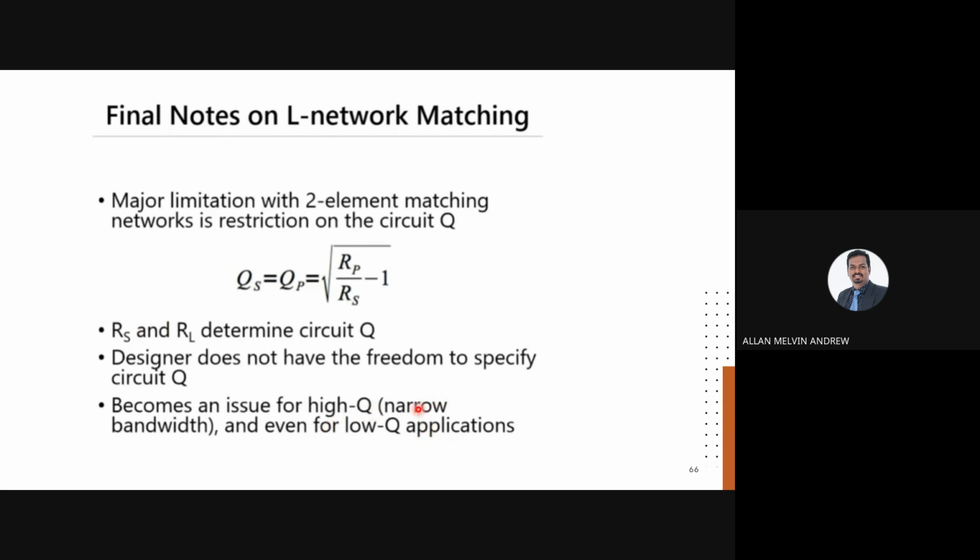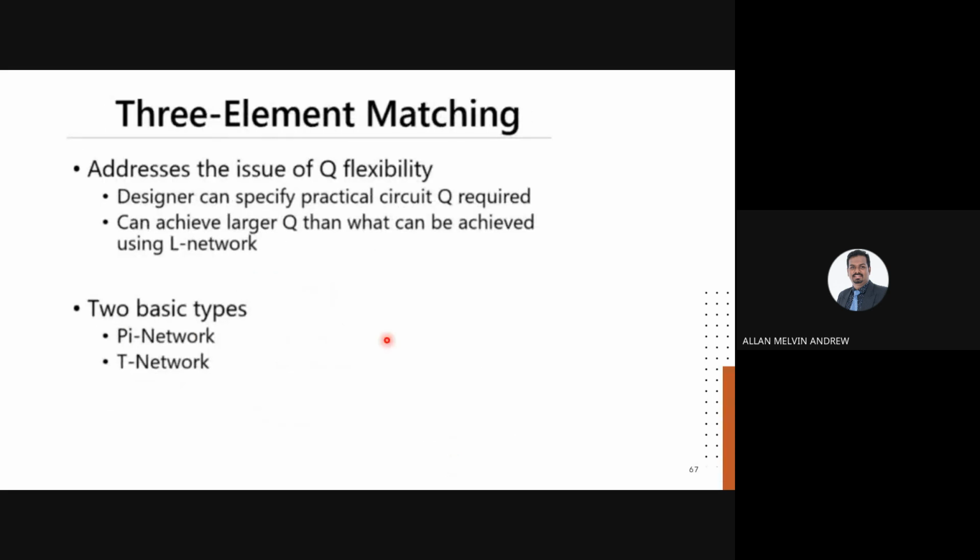So when you want to use a narrow band, and even for low quality applications, when your antenna and the circuit are not really matching, it will be hard to have impedance matching. Meaning it will produce some losses which we can avoid. To address this issue of quality flexibility, the designer must specify the practical circuit Q required.